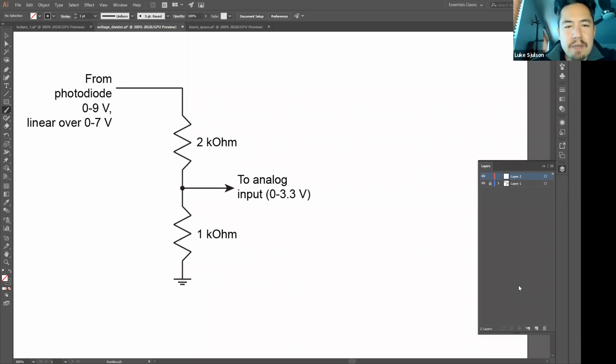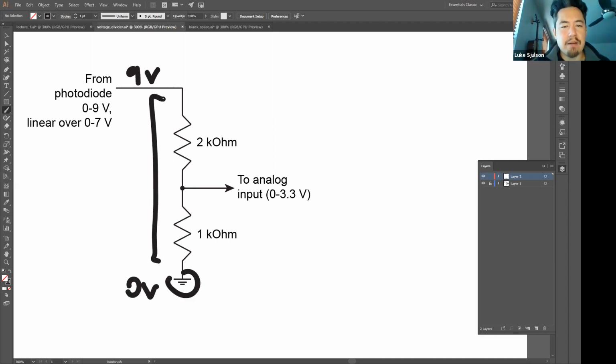Okay, yeah. So remember I said that voltages, this is why it's important to recognize, voltages are a relative thing between 2 different points. So when we say this is 9 volts, that's 9 volts relative to, sorry, it's ground here, and that's 0 volts. So that span right there is 9 volts.